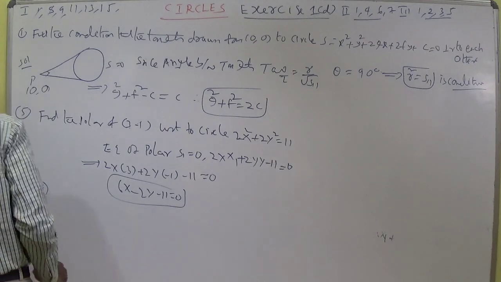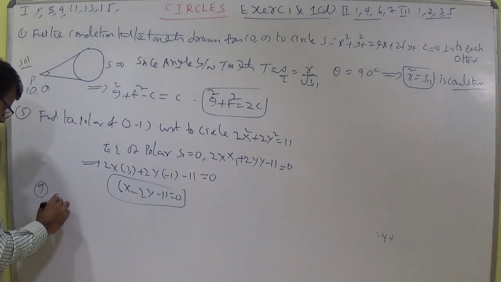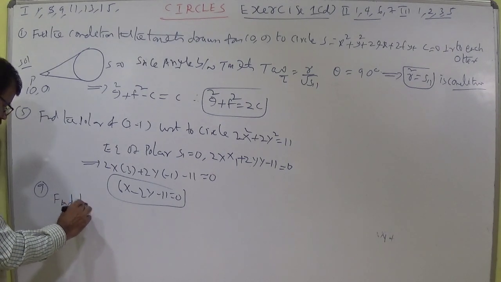Find the pole here using the line Lx + My + n = 0 model.